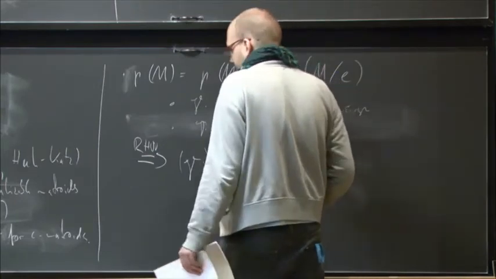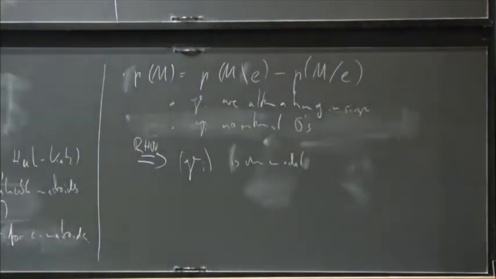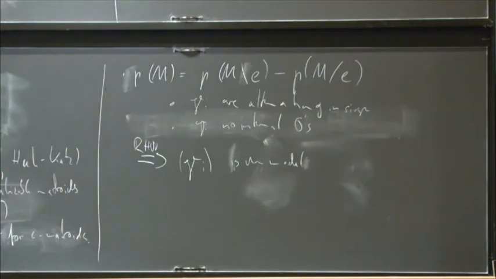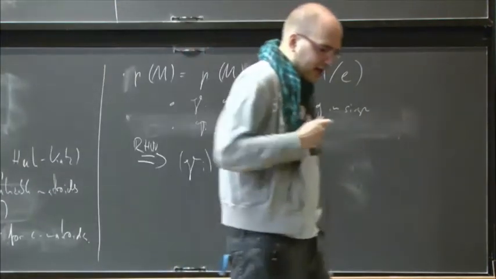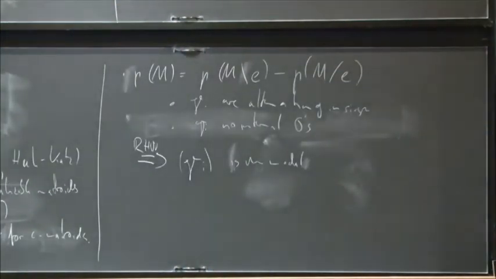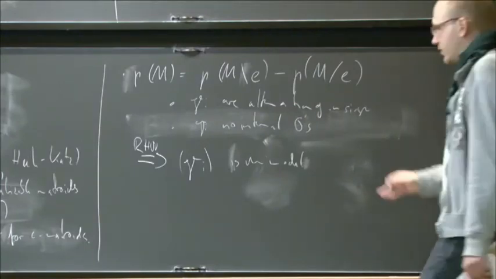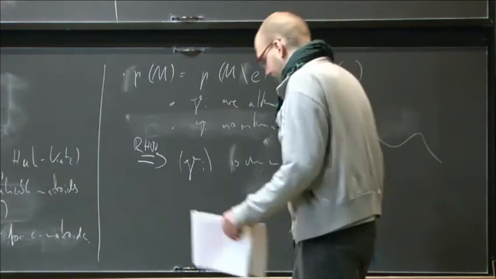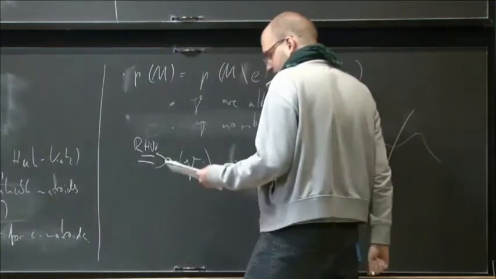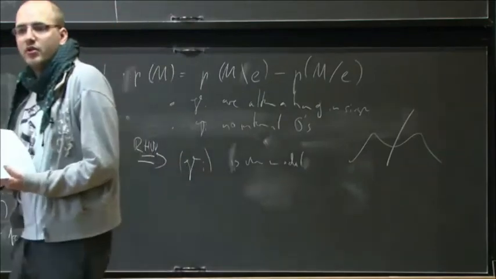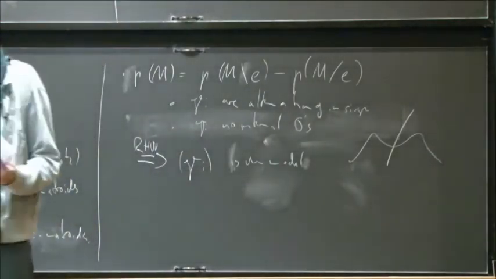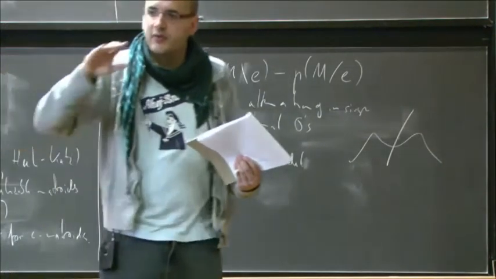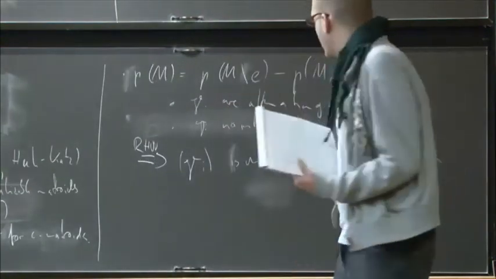So unimodal feels very much like the Lefschetz theorem also, but you just want to say that the gamma i's rise to some point, and then they fall down again. So it doesn't look like this. Unimodal means that the coefficients rise to some point, and then they fall down.